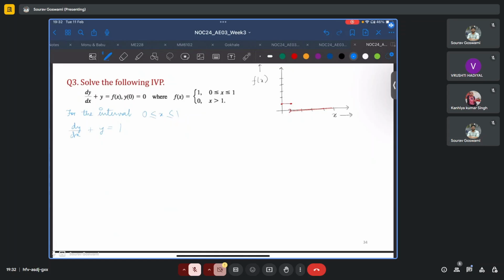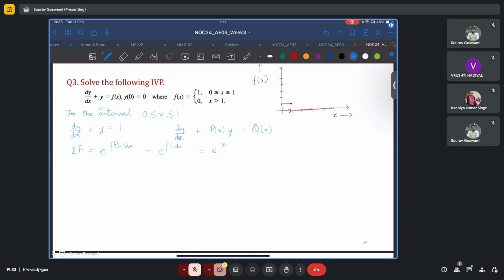So we are already aware that dy/dx plus P(x) times y equals Q(x) is the standard form of the linear differential equation. So we can find the integrating factor e power integral P(x) dx. Here P is simply 1, so e power integral 1 dx, or e power x.